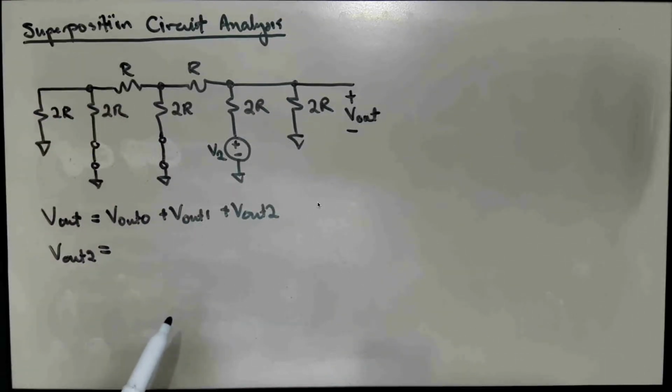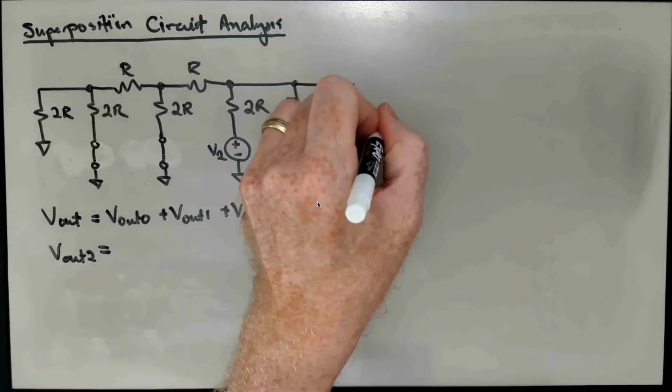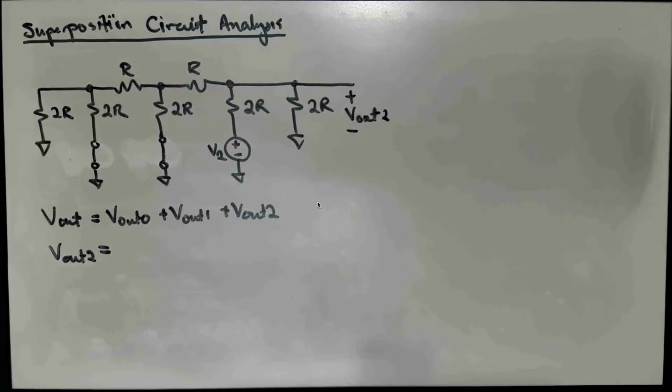And we're interested in Vout 2, which we could label here on the schematic. So that is the component of Vout that we're looking at.